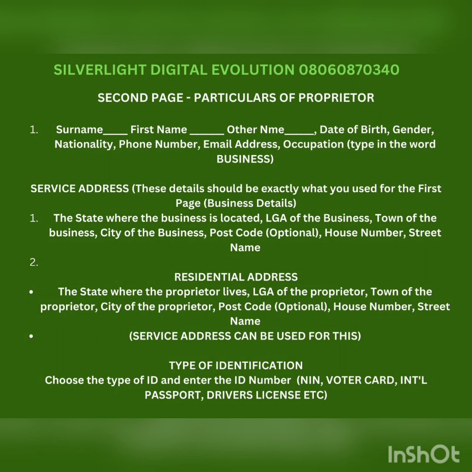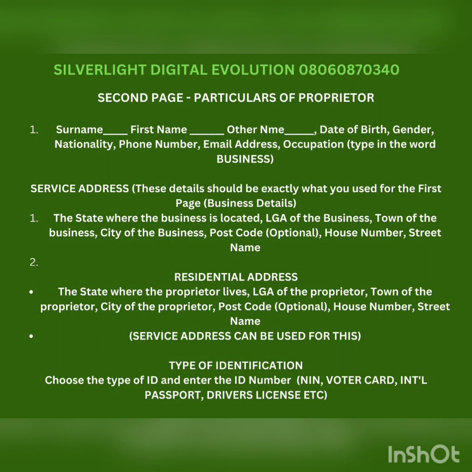If you're using NIN, for example, you are going to put the surname, first name, and other name as they appear on the NIN or the ID you are using. If you're using international passport, the way your names appear on the international passport should be the name, the way you're going to put it in the CRP, that's in the portal.